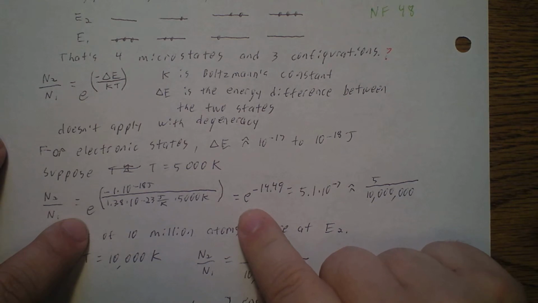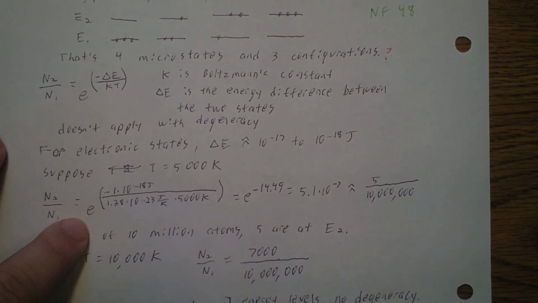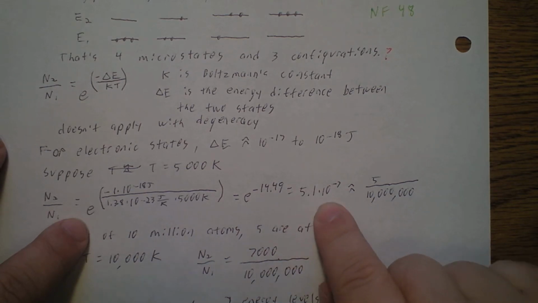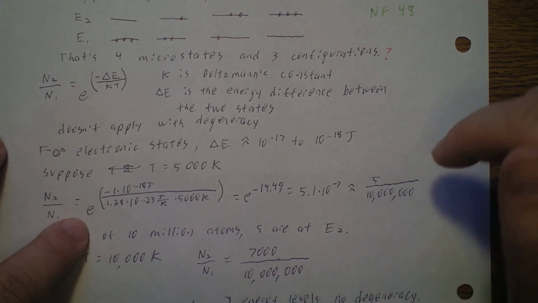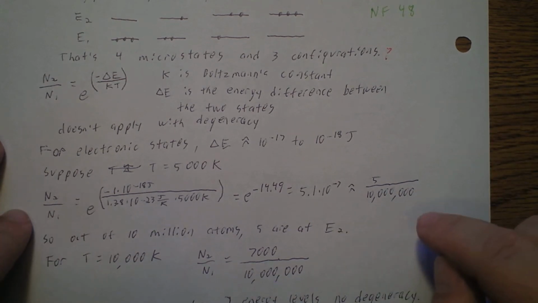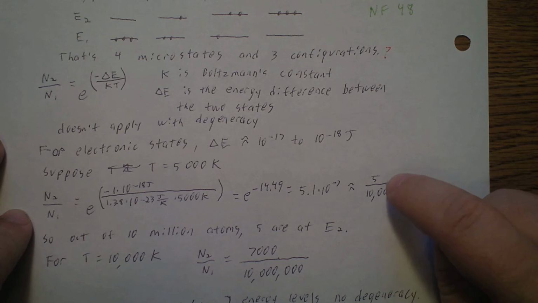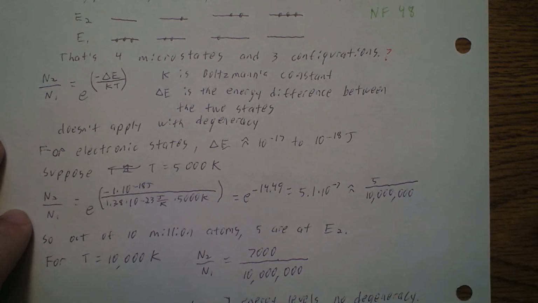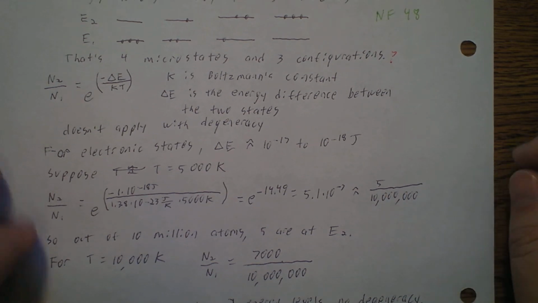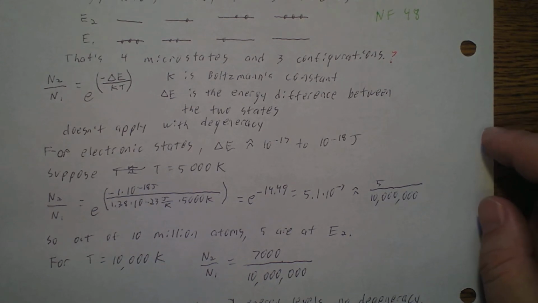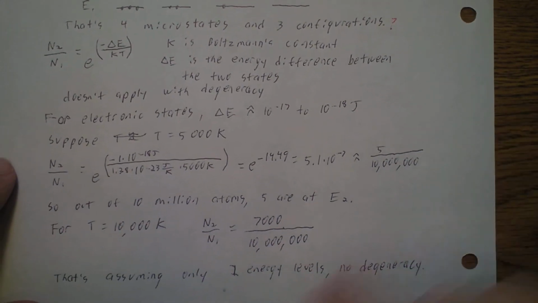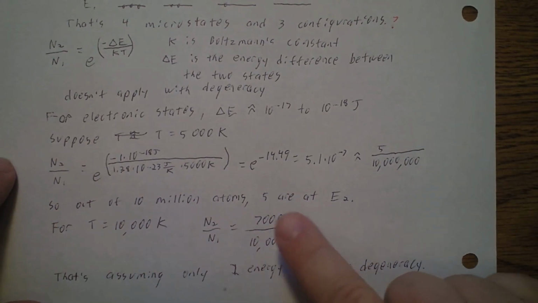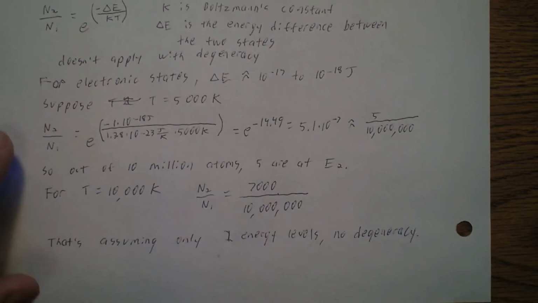So that just gives us e to the minus 14.49, or 5.1 times 10 to the negative 7. So if we have 10 million molecules, we should expect just 5 of them to be in the energy 2 state. The other 9 million-plus will be in the energy 1 state. So like I said, out of 10 million atoms, just 5 are at E2.